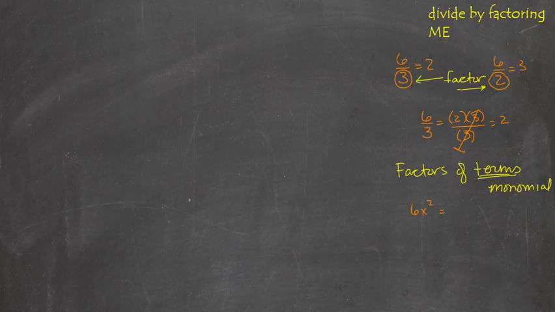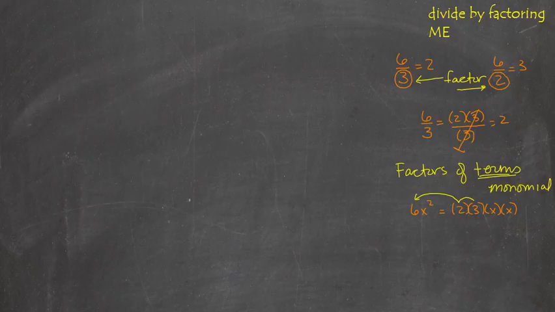So we already know that the factors of 6 are 2 and 3, and we can check. Are they really factors of 6? Well, if they are, then when we multiply them back together, we should get 6. 2 times 3 equals 6. They are the factors of 6. And then we need to write all the prime factors of x squared. Well, that's just x times x. So this is the prime factorization of the term or the monomial 6x squared.